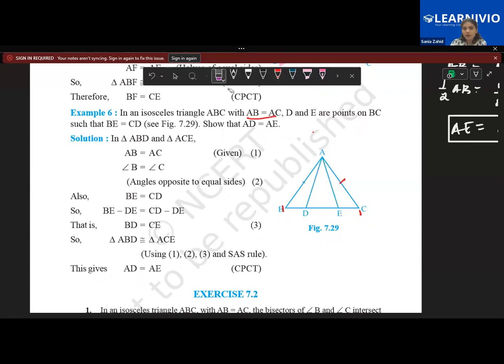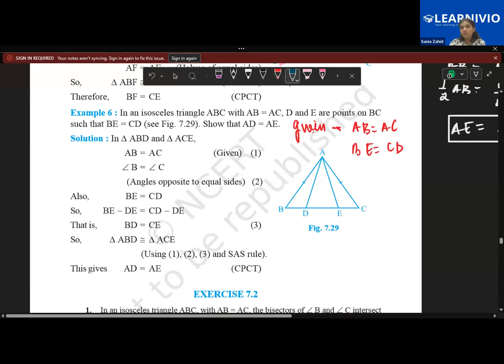Right? So what is given in the question? Given is AB equals to AC. Then BE equals to CD. Now tell me one thing. It is also given to you that ABC is an isosceles triangle. So which 2 angles will be equal if ABC is isosceles?